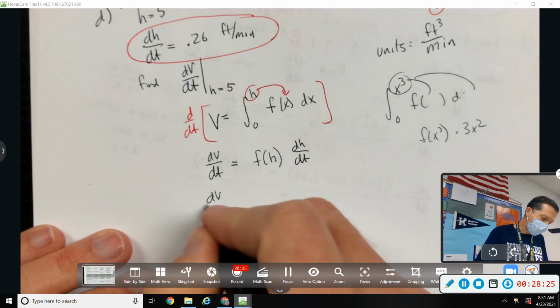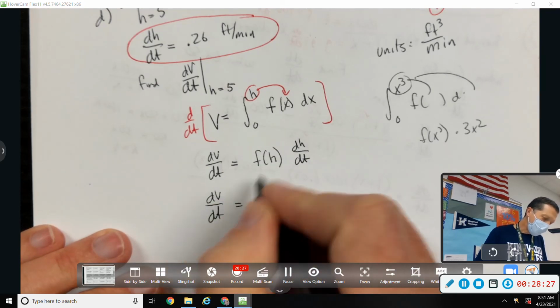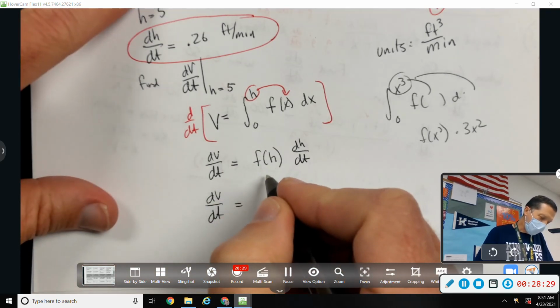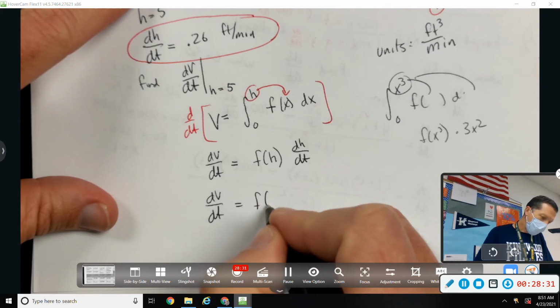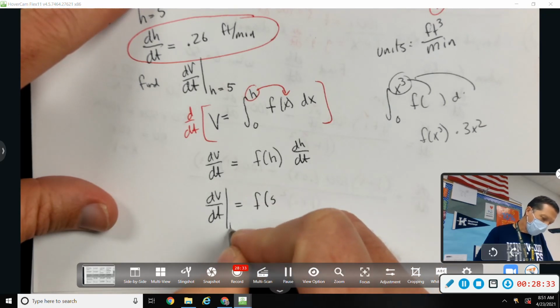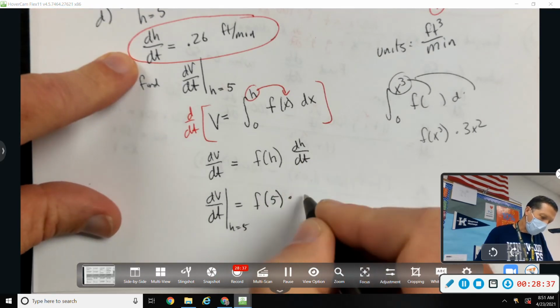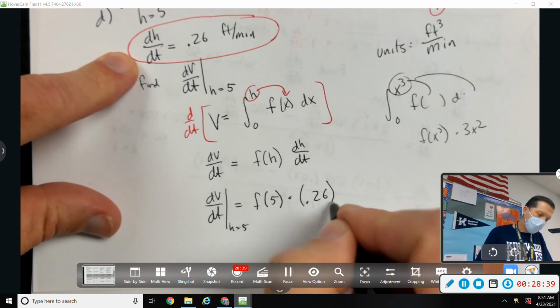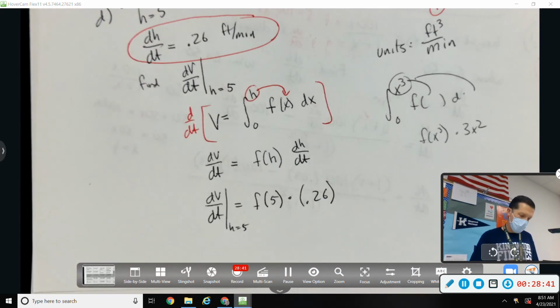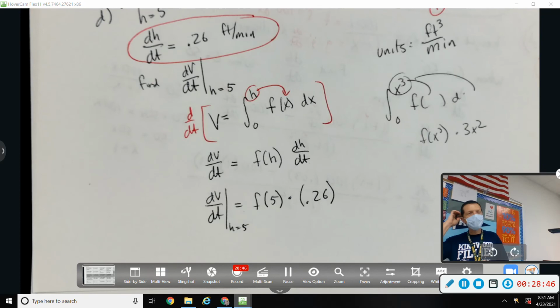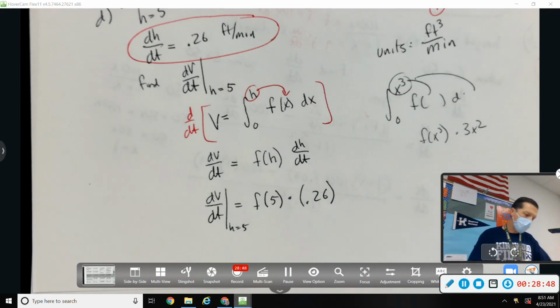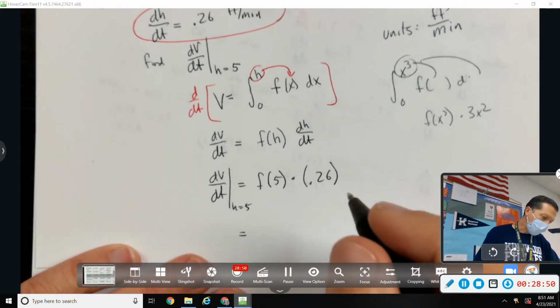Not a safe stop. So dV dt, f of h we already have. So f of, well, when h equals 5, f of 5, dh dt they gave us, 0.26. Still not a safe stop because I have to do the evaluating. I have to plug it in. I could safe stop if I wanted to just plug in 5.